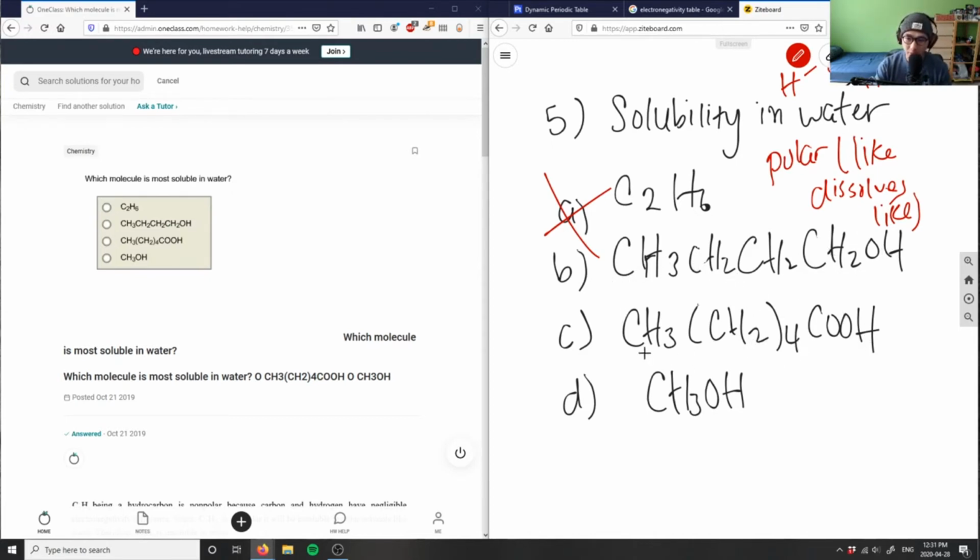This compound here, I have CH3 and 4 of these CH2 groups. So I believe this would be pentanoic acid, right? Actually no, I have hexanoic acid, sorry, because I have another carbon here. This compound may dissolve in water because I do have a carboxylic acid group, which makes it polar. However, the long 6-carbon chain might not make it soluble.